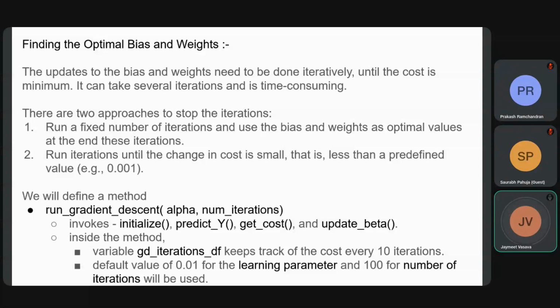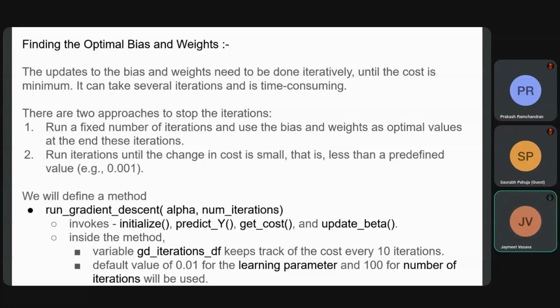So basically, what we will be doing is defining a function called run gradient descent, which takes the learning rate and the number of iterations as parameters. This function will automatically invoke initialize, predict y, get cost, and update beta.